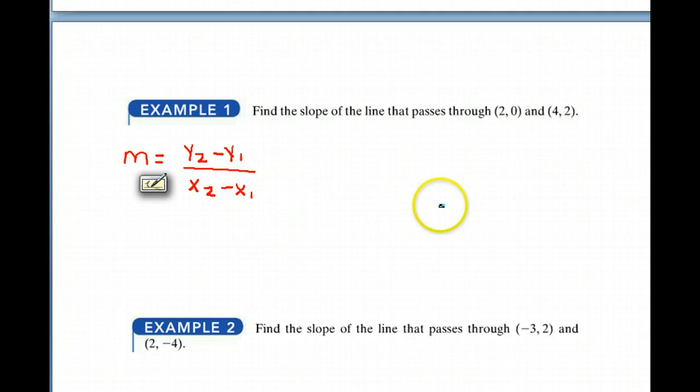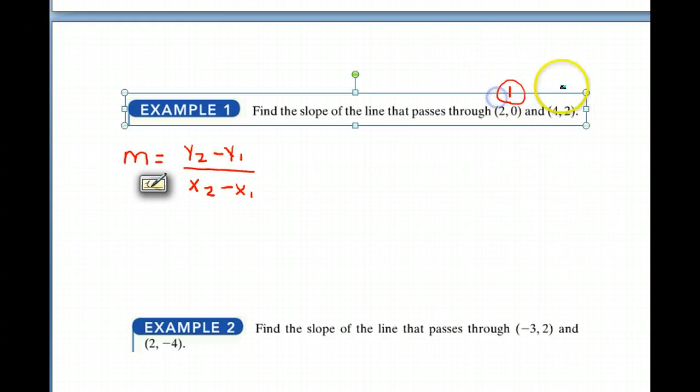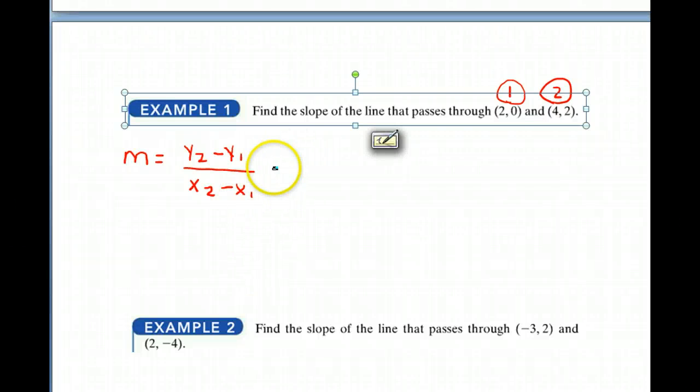Now, what I always do is I simply select one of my ordered pairs to be ordered pair 1 and one of my ordered pairs to be ordered pair 2. It makes absolutely no difference which one is ordered pair 1 and which one is ordered pair 2.